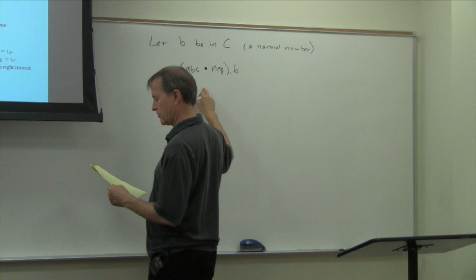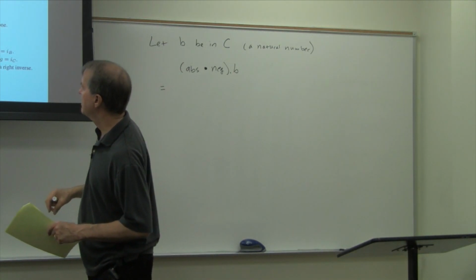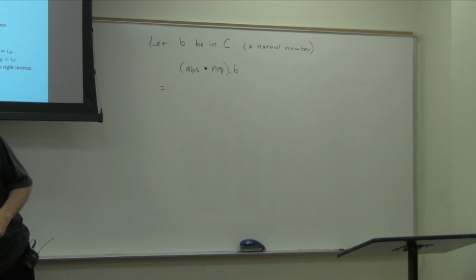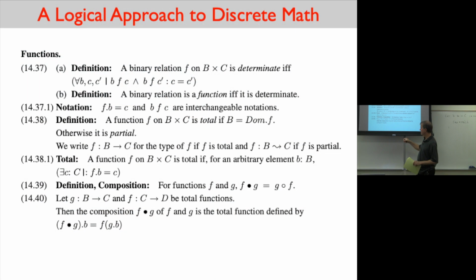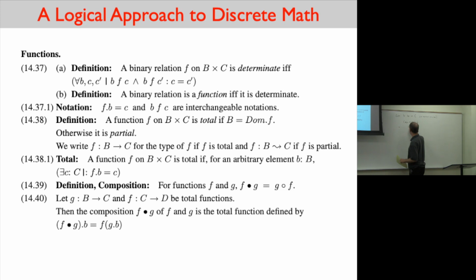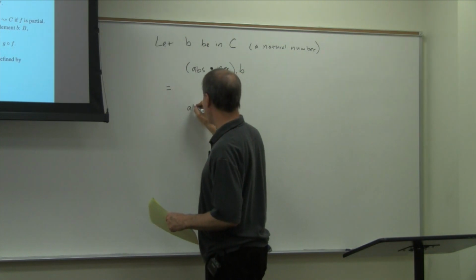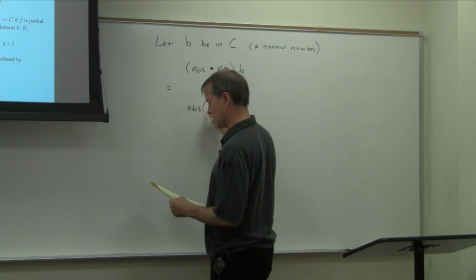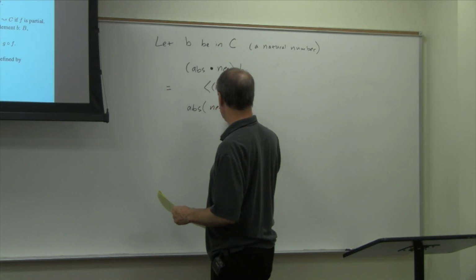Here, let's show it on the video. This is the one you're going to prove, right? 1440. So this equals, by 1440, abs of neg dot b. Is that right?